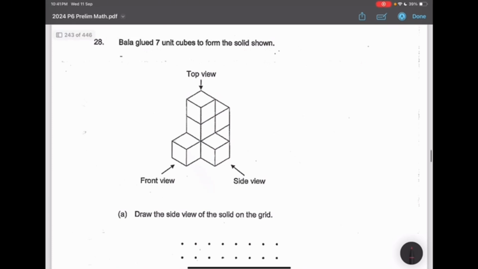Alright, so I'm just going to draw the first layer. This one over here. Just the first layer. So, I will have a square, which I'm going to call 1. This is my square number 1 from the side view. And then I have 2 over here. But 2 protrudes out just a little bit, if you notice.